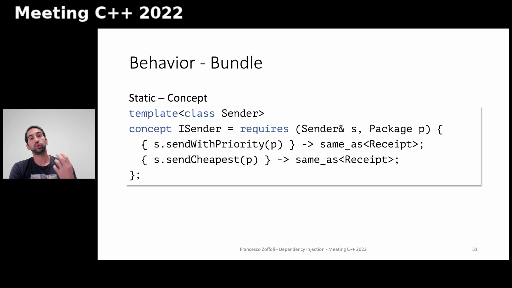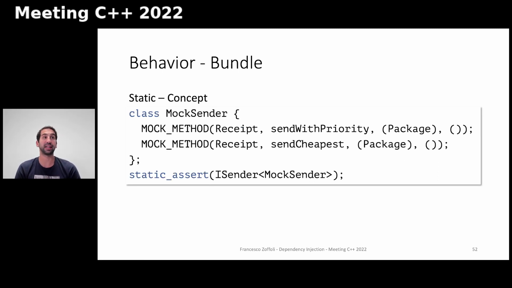In the case we want to use static polymorphism, again, concepts are the solution. We can specify the methods that we expect on the type and what is expected to be returned. The good thing is that when we want to mock the concept, we can just use our typical mocking strategy that we would use for runtime polymorphism.